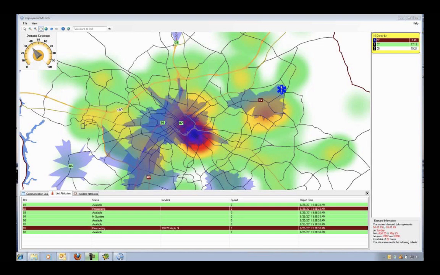We'll go back to our geographic heat map here, and remember this is giving us probabilities of a call coming from that area, with that bright red area just outside of uptown Charlotte showing there's a pretty good probability of a call coming there during that time period. And so this can drive where we put ambulances.